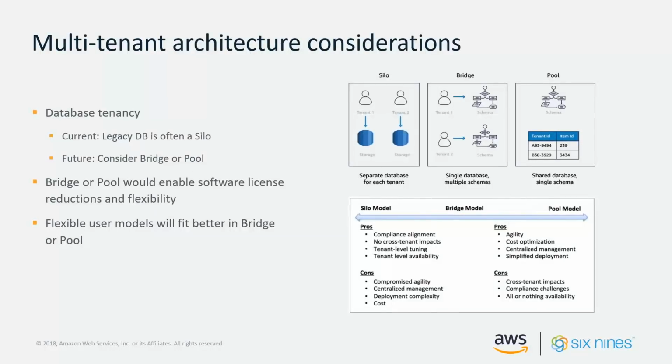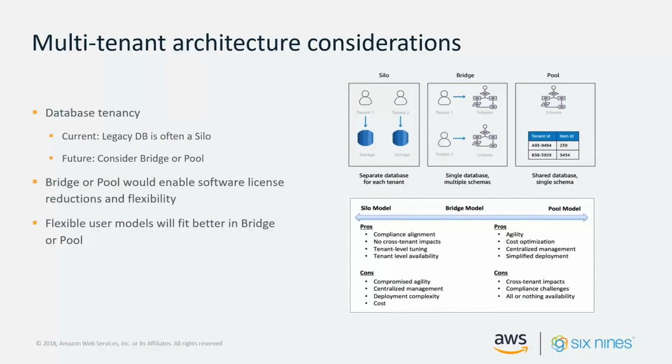Going through the bridge and pool models, these help to enable more software and license mobility and flexibility. Some of the areas where you might get value from having a shared database, where you have a single schema for lots of customers: you have the agility to add customers and reduce customers.